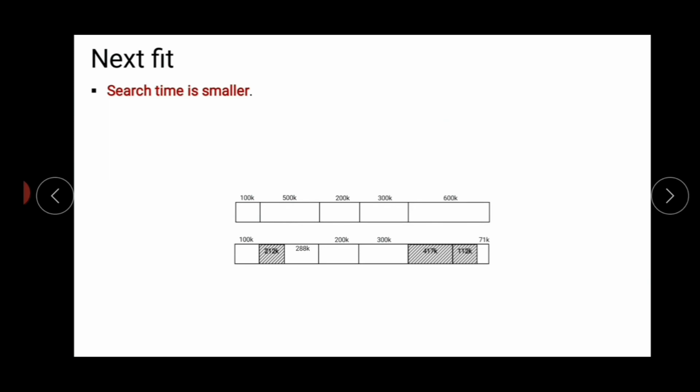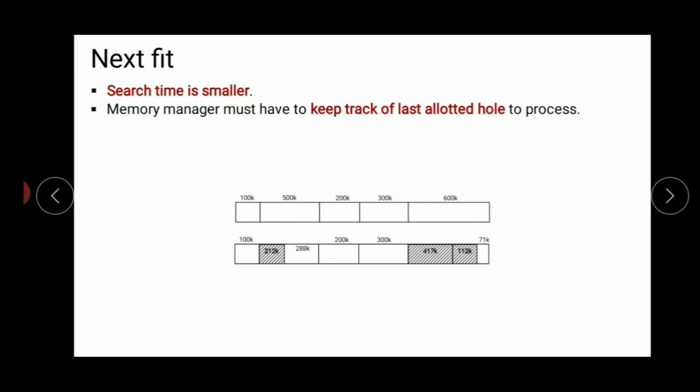So here the search time is smaller, yes, because where you stopped, once again you start from that particular point. So this is the faster one. The memory manager must keep track of the last allocated position. Yes, here you have to keep track of where you stopped last time, and from that particular point you have to begin your search for the next process.